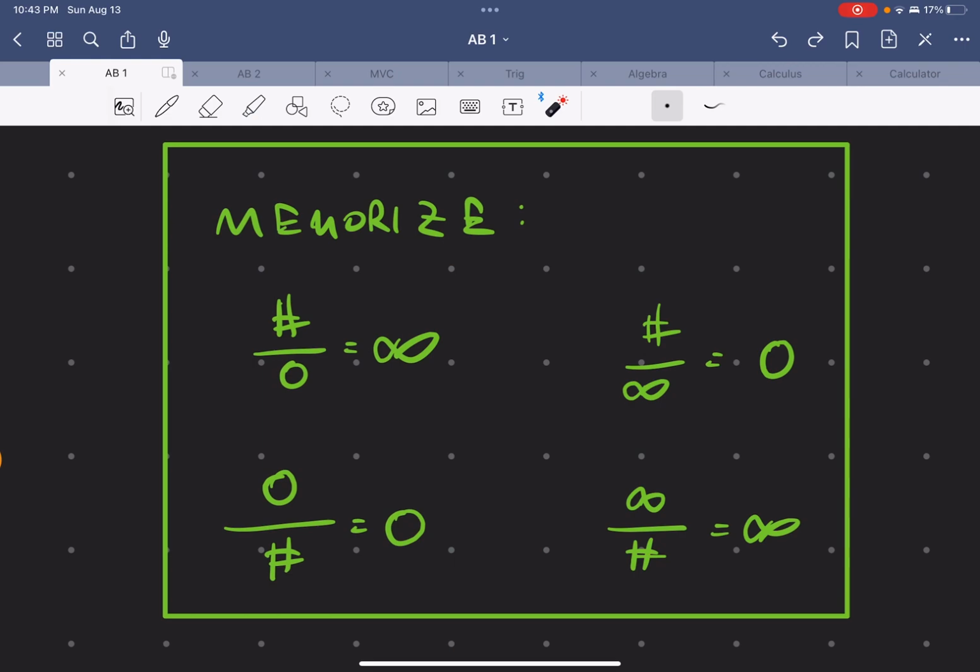And then on the other hand, if you're using infinities, if you have a fixed number divided by infinity, that's equal to 0. And then if you have infinity on top, and that's divided by a fixed number, like a constant, then that's just equal to infinity. And of course, we know that if you have 0 over 0 or infinity over infinity, those are the indeterminate forms.